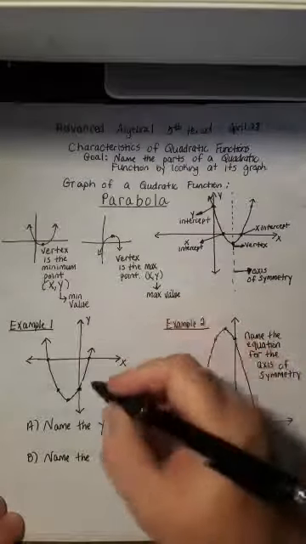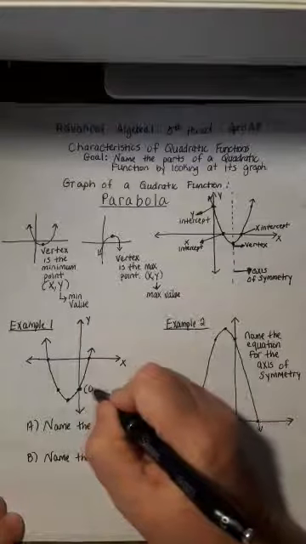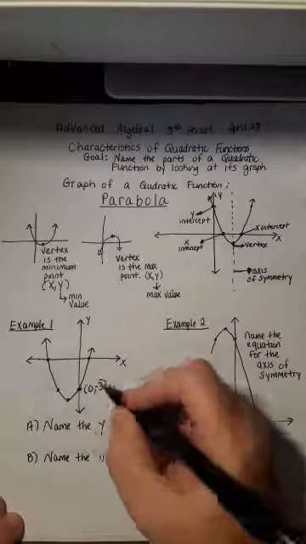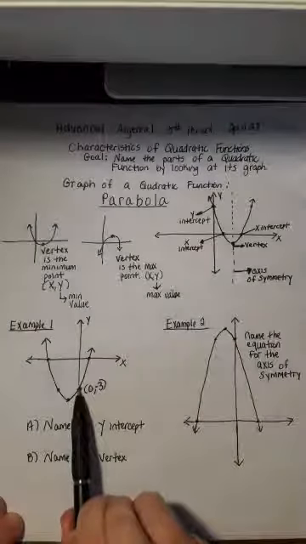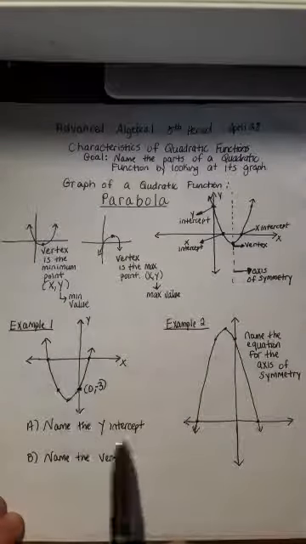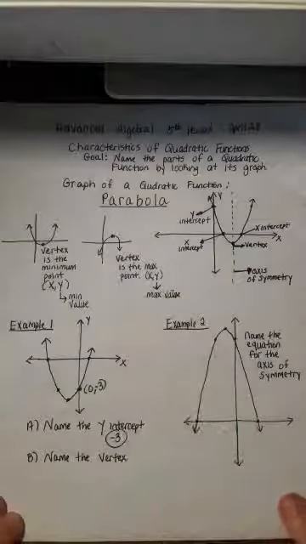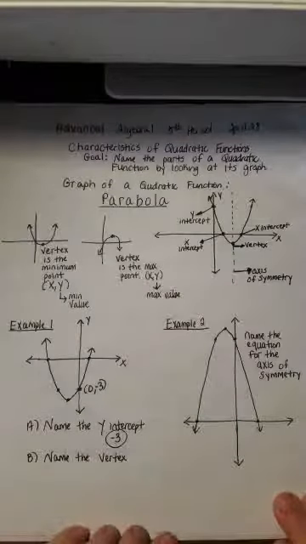This point right here is (0, -3), where your parabola crosses the y-axis. So the y-intercept is just -3. All you put is -3, and that is your answer for y-intercept.